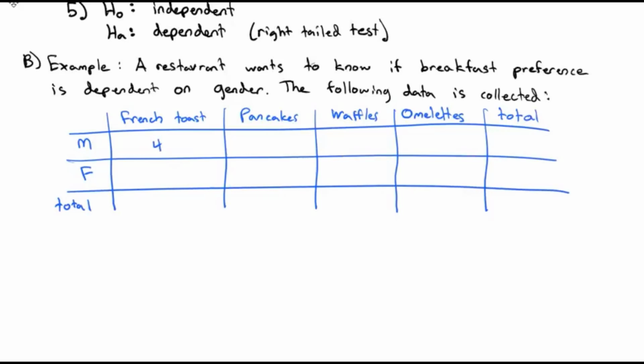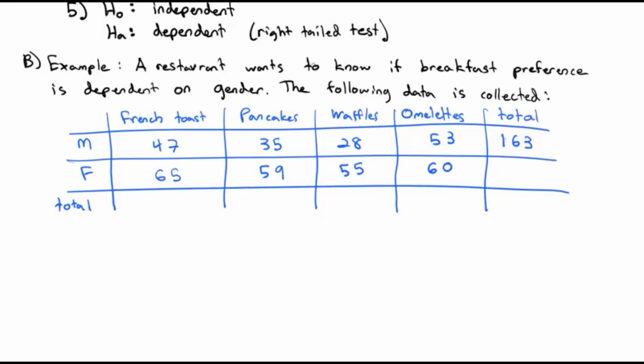We find 47 males prefer French toast, 35 prefer pancakes, 28 prefer waffles, and 53 prefer omelets. If we add all of those together, we'll get a total of 163 males were surveyed. For the females, 65 prefer French toast, 59 prefer pancakes, 55 prefer waffles, 60 prefer omelets.